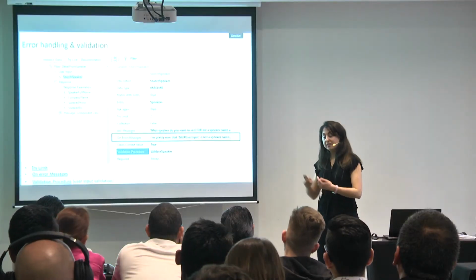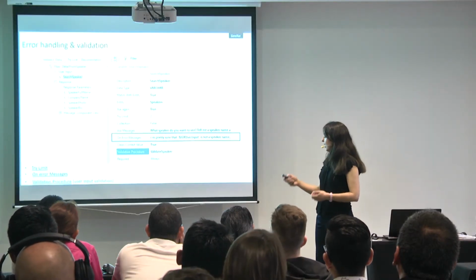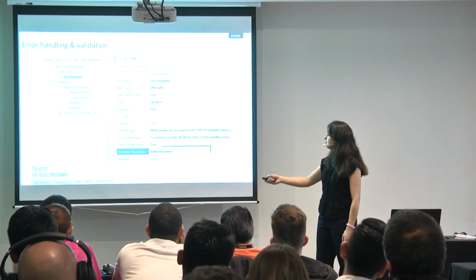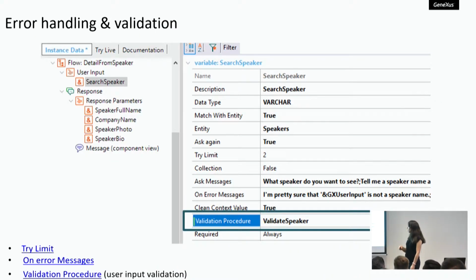I didn't understand this, but I can respond to this other thing. And then we have a new property that was released in upgrade 4 or 5, I don't remember, which is a validation in the user input. We can assign a procedure to this property so that in that procedure we can program the validation.